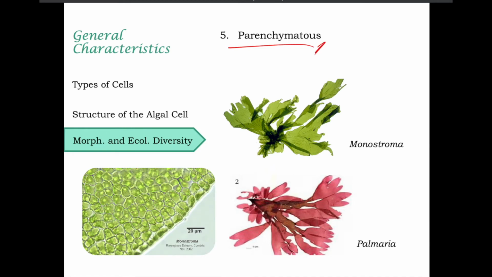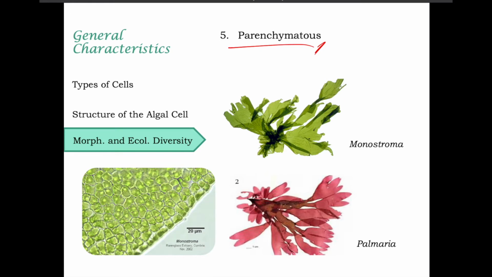Okay, so lastly we have your Parenchymatous organism. When we say Parenchymatous, these are an assemblage of undifferentiated cells. These cells came from the original meristematic totipotent cell.